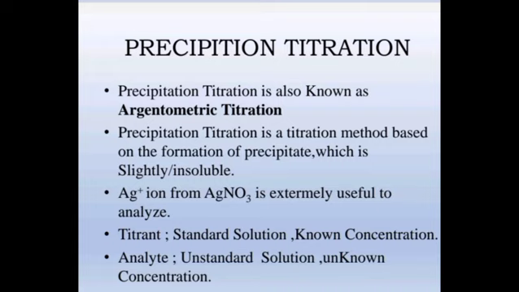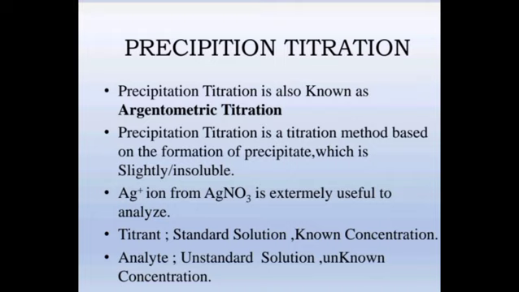Next, titrant. What do we mean by titrant in precipitation titration? A titrant is a standard solution of known concentration. Here we know the concentration of the titrant and we know the standardization of the solution.